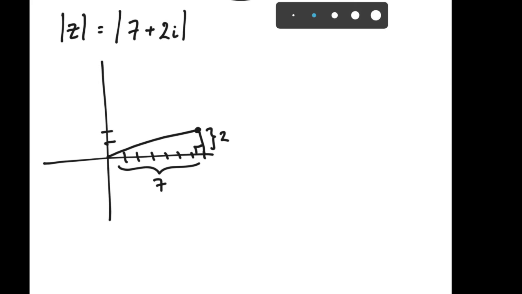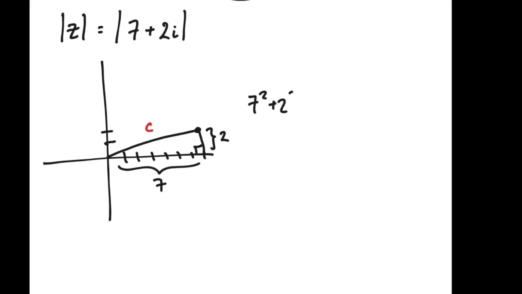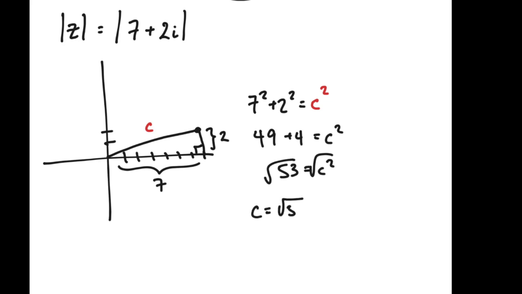And I'm looking for this right here, which is c. So 7 squared plus 2 squared equals c squared. 49 plus 4, that's 53. If I take the square root of both sides, I prefer keeping it with the square root because the square root of 53 is not a whole number. If you want to change it to a decimal, you can, but I'd rather have you keep it as the square root of 53.